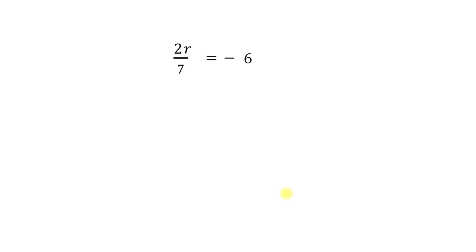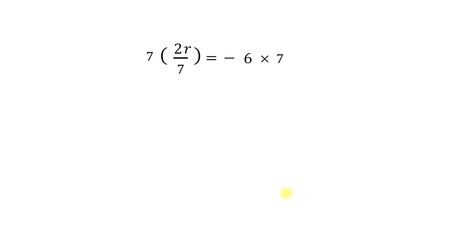2r over 7 equals negative 6. Now, there are two ways that we can go about doing this. One way is to get rid of the 7 in the denominator. We can do that by multiplying the whole left side by 7. If we multiply the left-hand side by 7, we need to multiply the right by 7 as well.